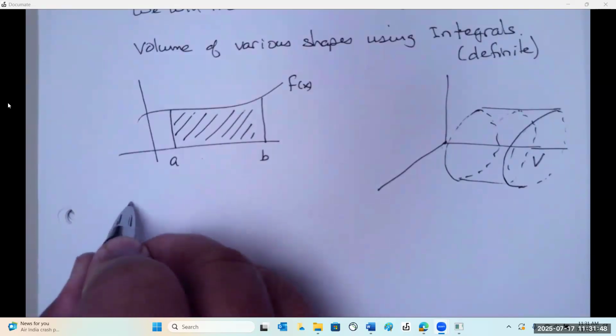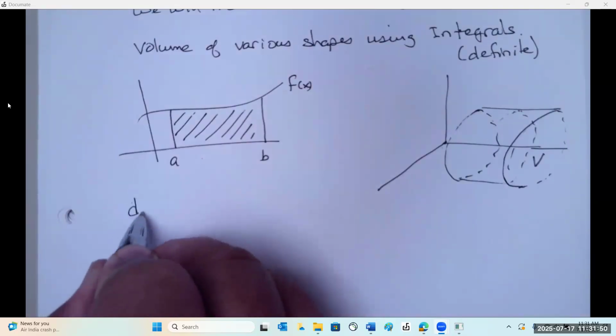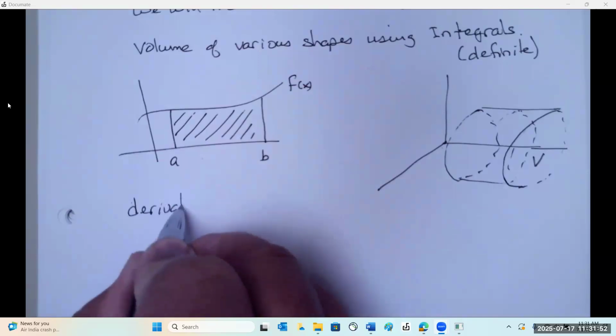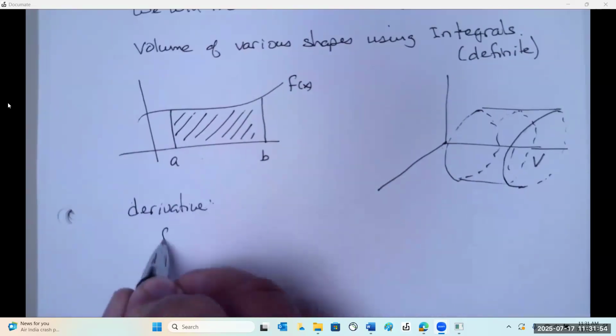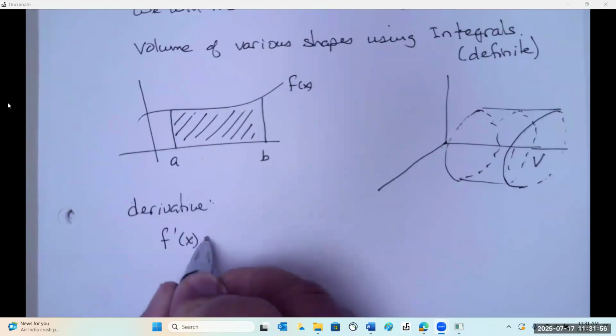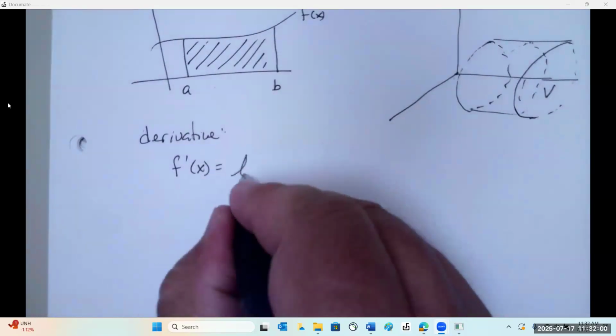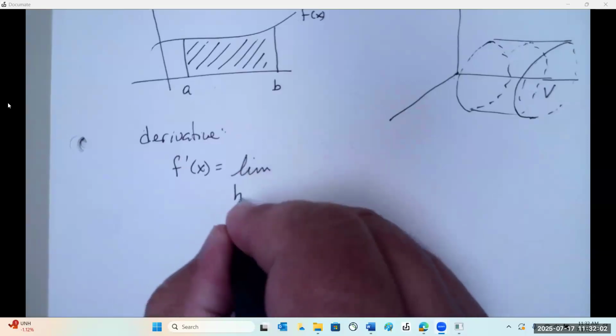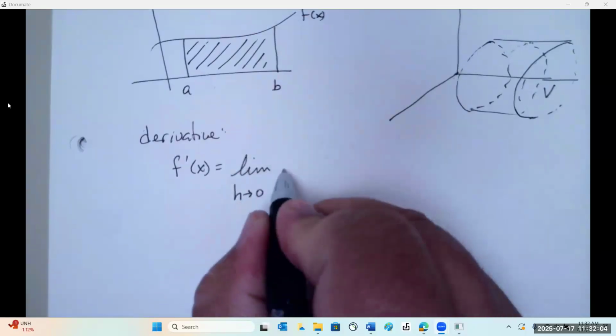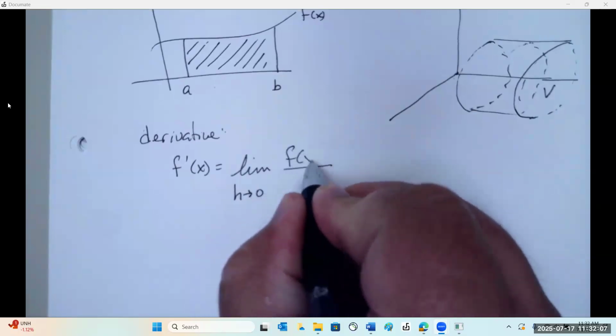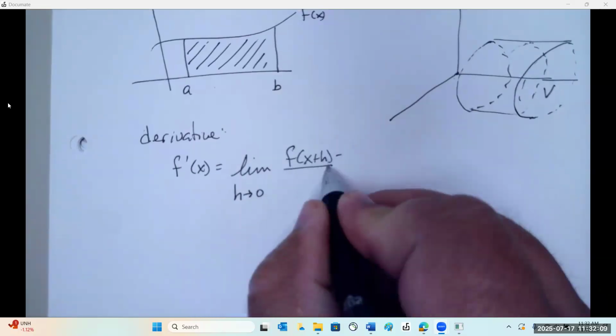Like the derivative, we defined the derivative of a function as a limit as h goes to 0 of our difference quotient.